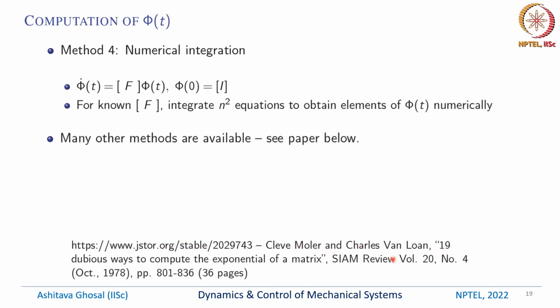He says that there are 19 dubious ways to compute the exponential of a matrix. And the SIAM Review is a very professional, very well-known journal. This came out a long time back, and it is 36 pages. Anybody who is interested in other methods other than these 4, please go and get hold of this paper and take a look at it.